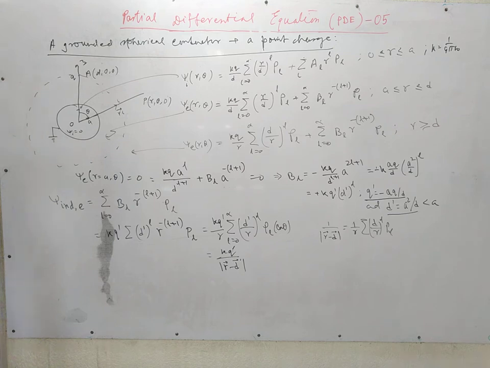As the second and last example of today's class, we shall consider a dielectric sphere of radius a placed in an existing uniform electric field.